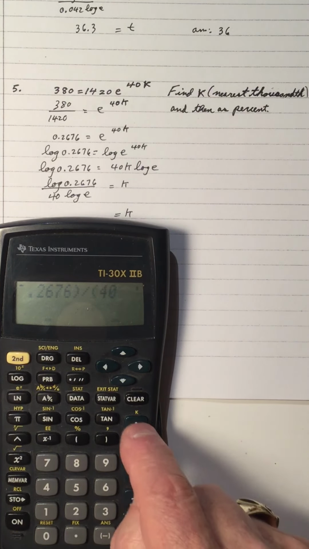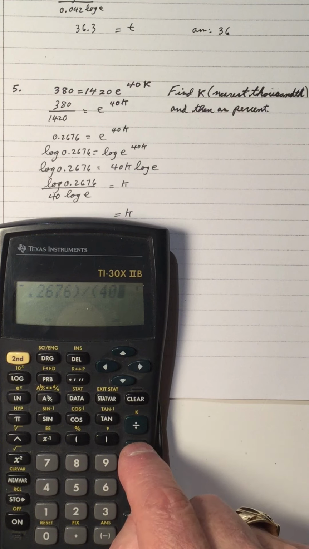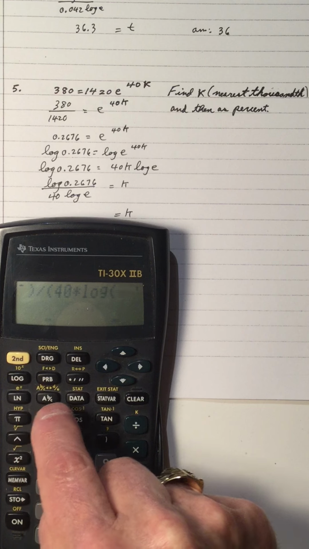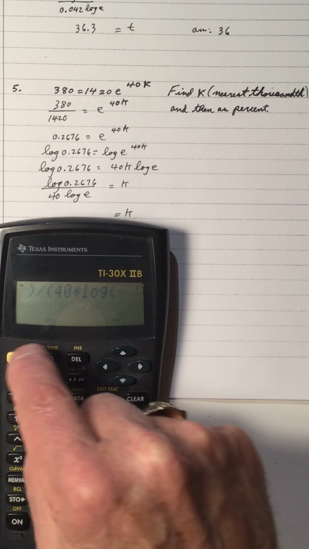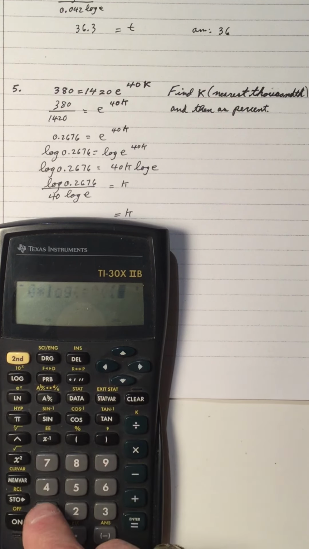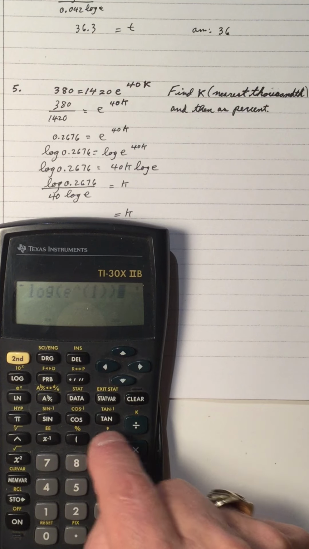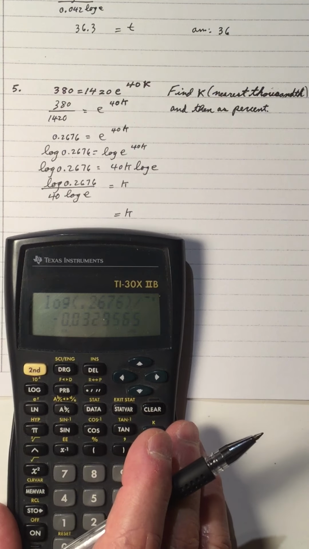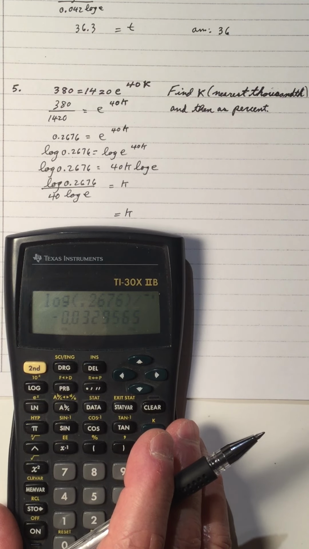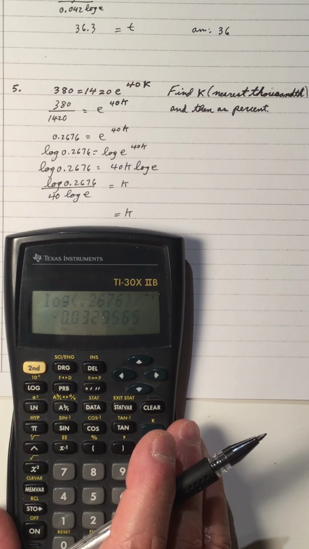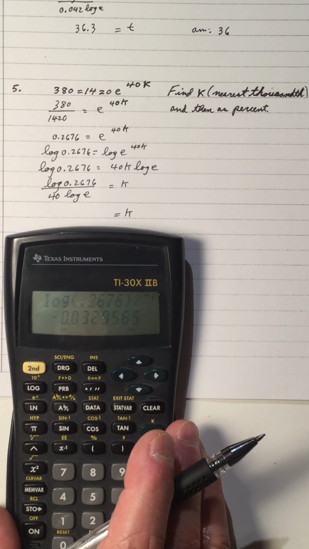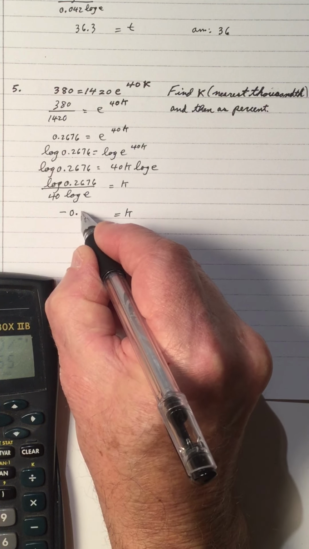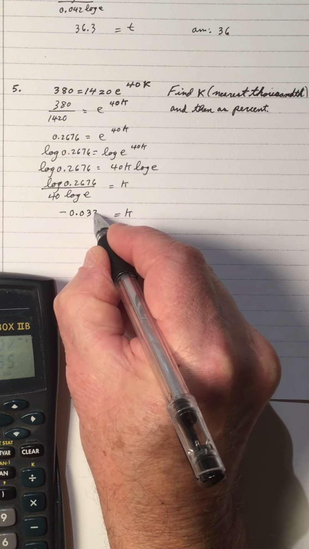So 40 times log of e. And to get e, raise it to the 1 power. And we get negative 0.033.